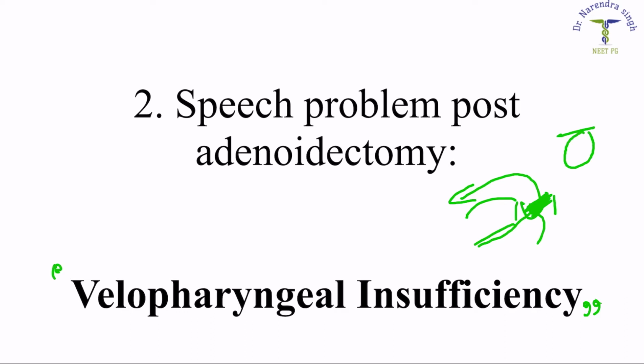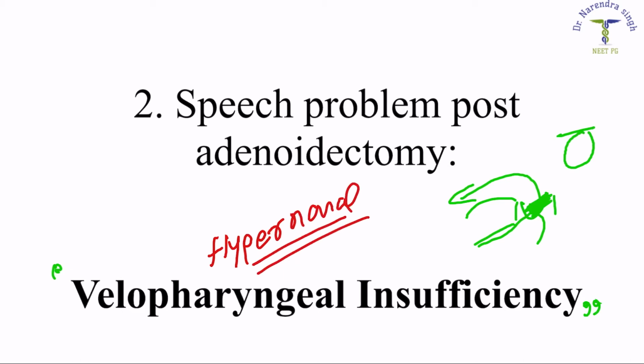So in velopharyngeal insufficiency, what will be the change in the voice? The voice will be more hypernasal. So it will be difficult to understand the voice of the person due to more of the nasal component to it.